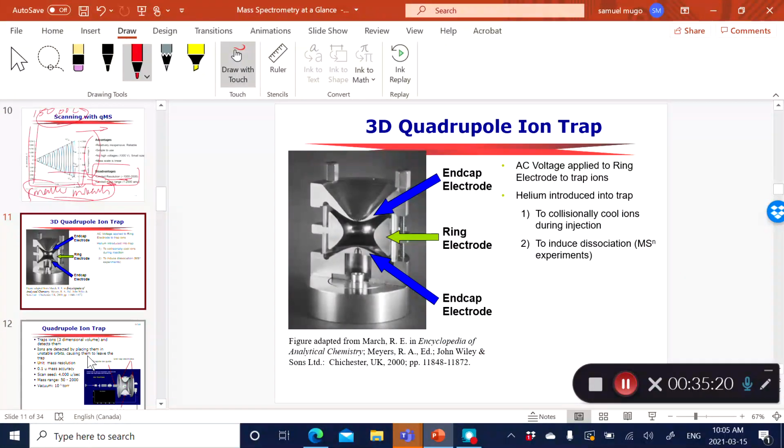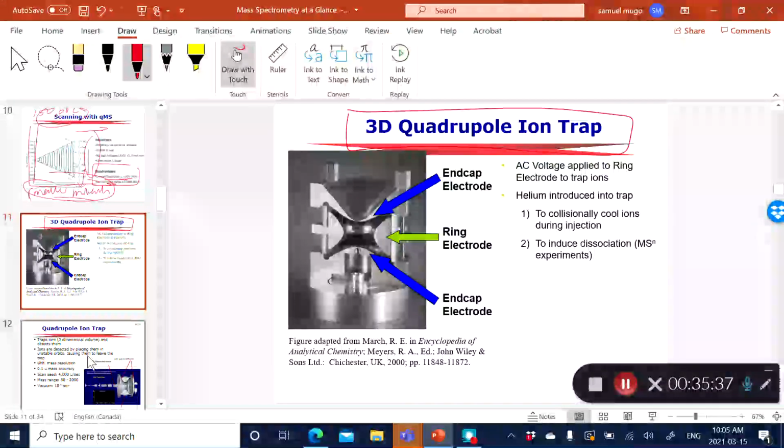Now, the other type of mass analyzer is what you refer to as a quadrupole ion trap mass analyzer. And as you can see, you see the importance really of electrochemistry, because we use electrodes really to manage the trajectory of these ions. So the ion trap essentially comprises a container made of electrodes.